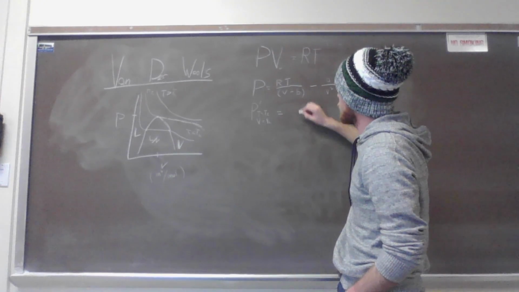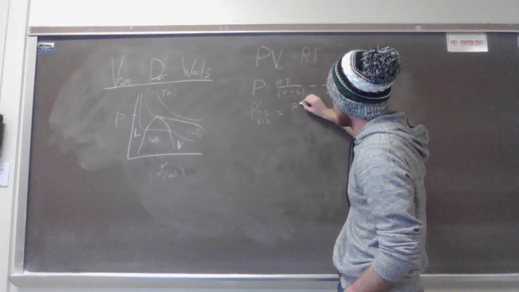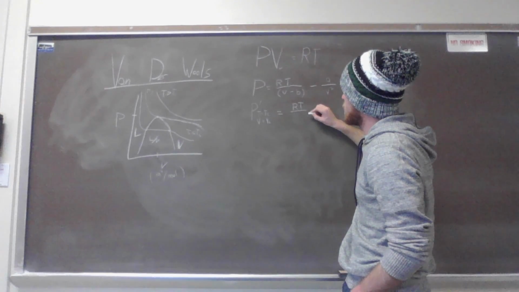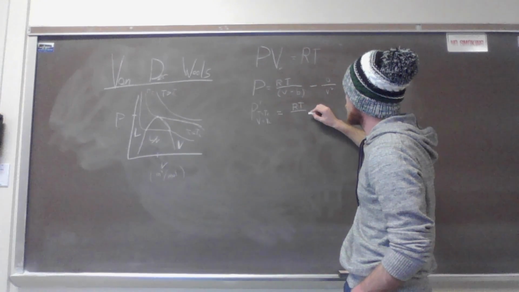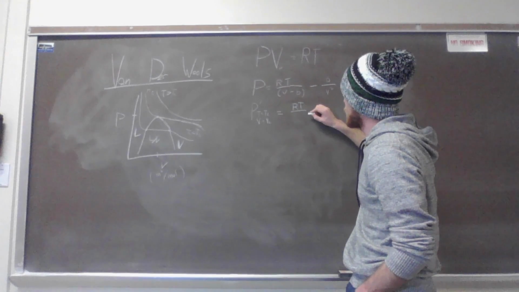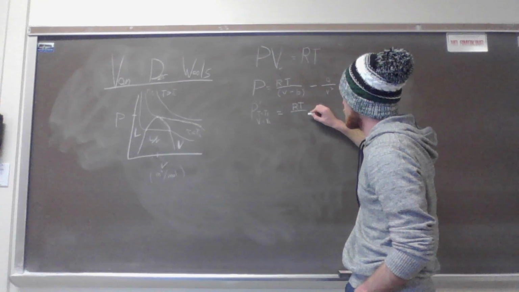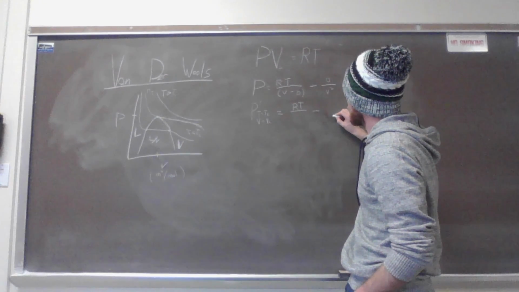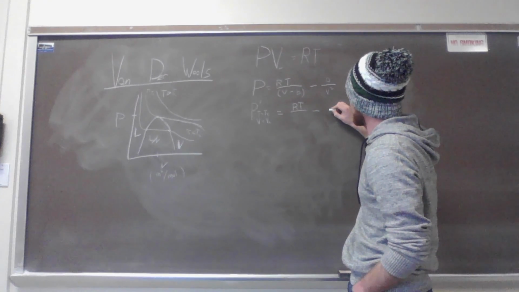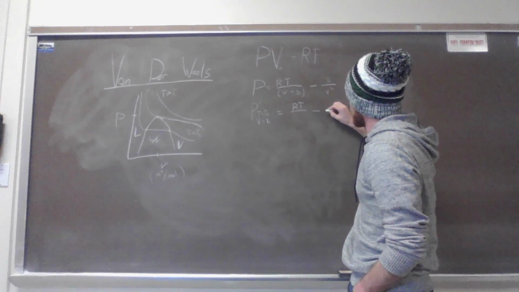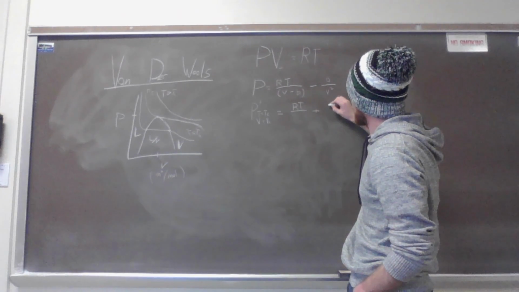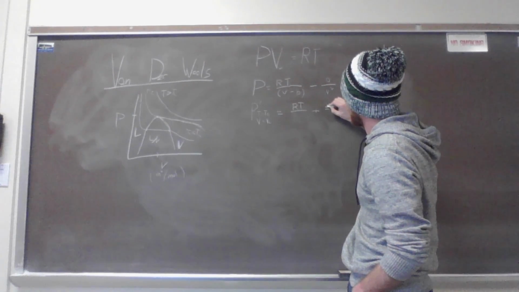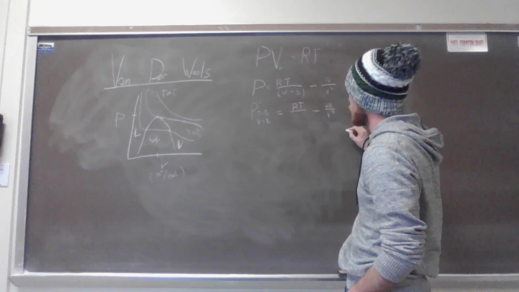R and T are both constants, so it'd be RT, and V is... plus 2A over V cubed over here.